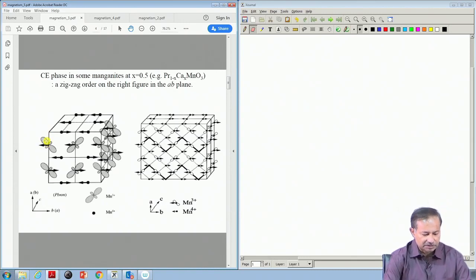We will not discuss it now, but just look at these arrows. These arrows are pointing in such a way that the total moment is still 0. So, this is an antiferromagnetic state, but this is called a CE phase. It occurs in systems like manganites at around half filling. So, this is an exotic state which is obtained.